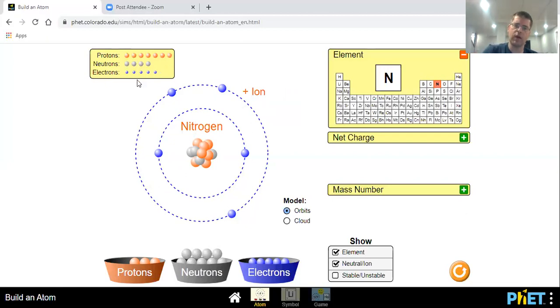How many electrons should I add to make it neutral? If I have 7 protons, to make it an atom, I don't want an ion. We don't want to learn about that yet. I'm going to add 2 more electrons. 1, 2, there it is, a neutral atom. Why? 7 protons, 7 electrons.